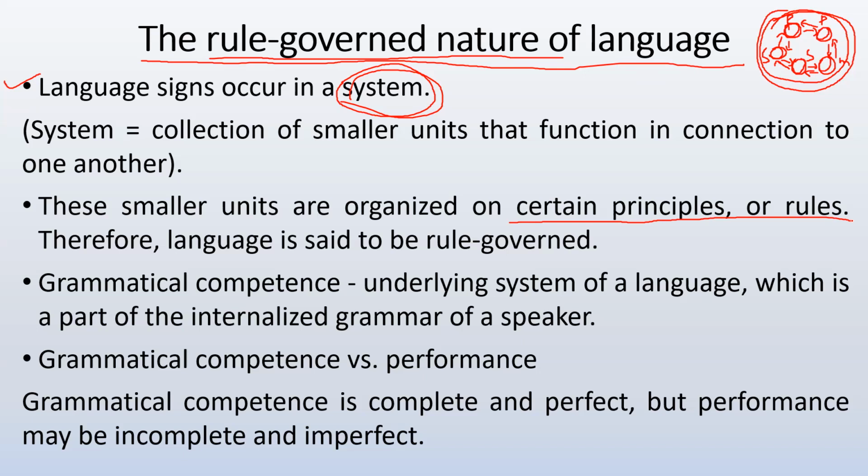And at the sound level also, there are phonological rules. So in all these smaller units, we can see these units are organized and interrelated based on certain principles or sets of rules. That is why we say language is rule governed.